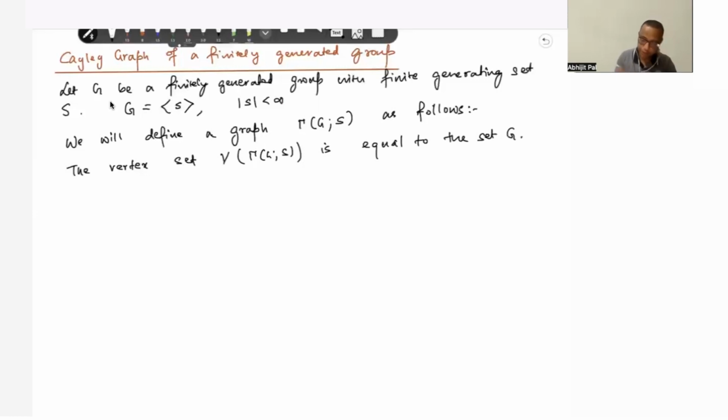So let us take two elements of this vertex set, let g and g prime belong to this vertex set.